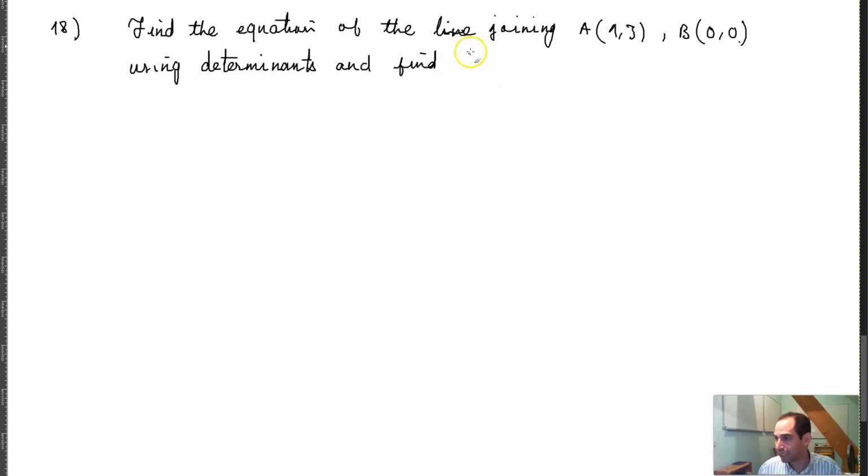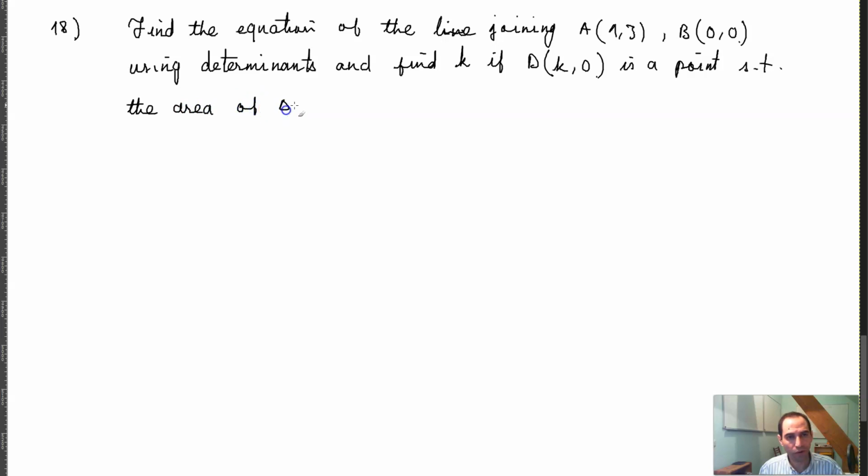And find K if D with coordinates K, 0 is a point such that the area of triangle ABD is 3 square units.